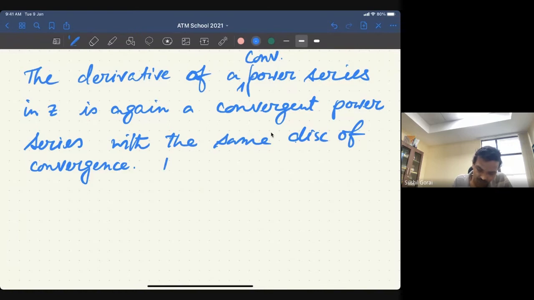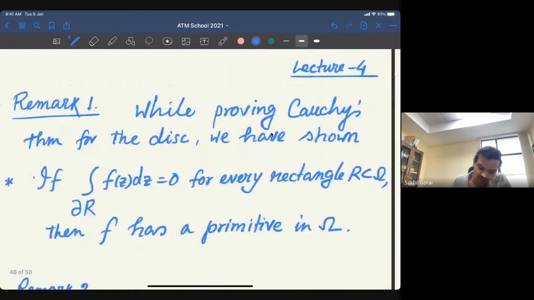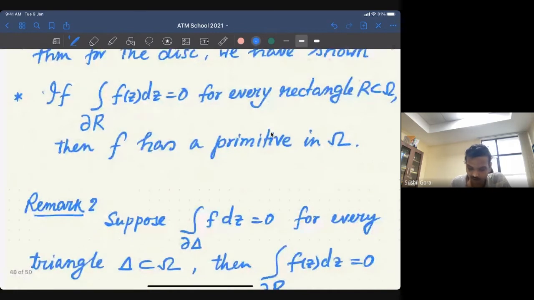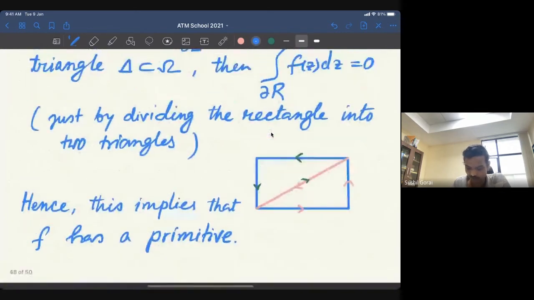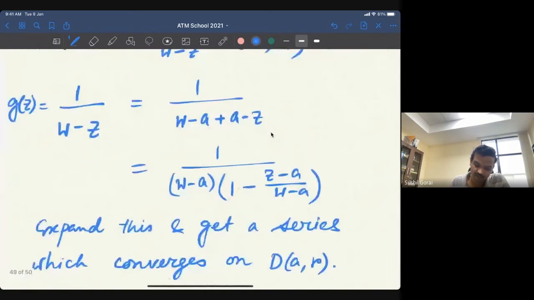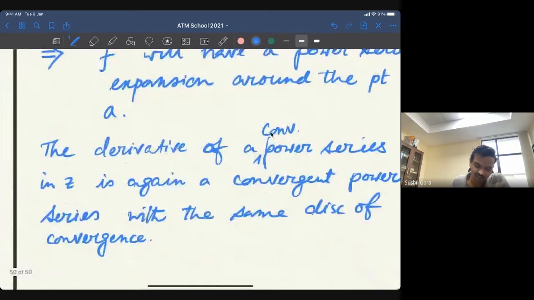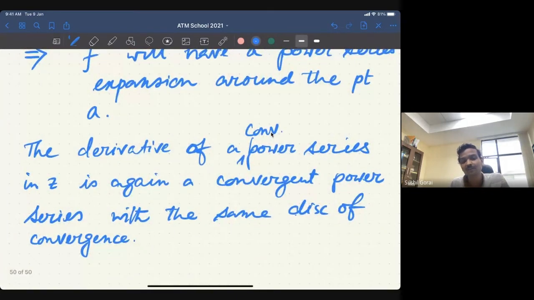So therefore, what we proved is that in remarks 1 and 2, we already said that F has a primitive, right? Here also F is a primitive. So by combining with remark 3, you will actually get that F will be the derivative of a power series, hence F will be a holomorphic function, right?